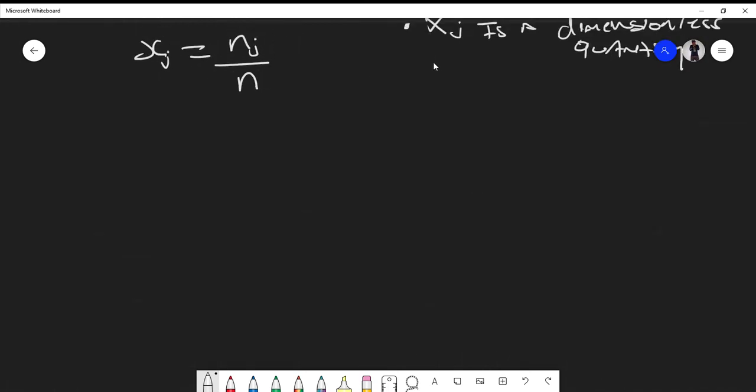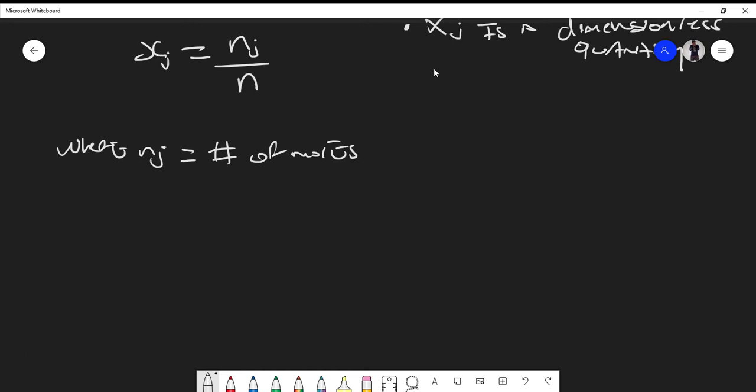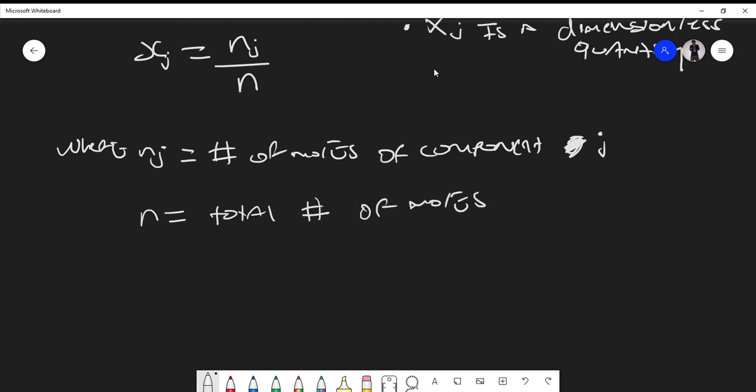Right? So to define our equation again, we say that xj is equal to nj over n, where nj is equal to the number of moles of component j, and n is equal to the total number of moles for all the components.